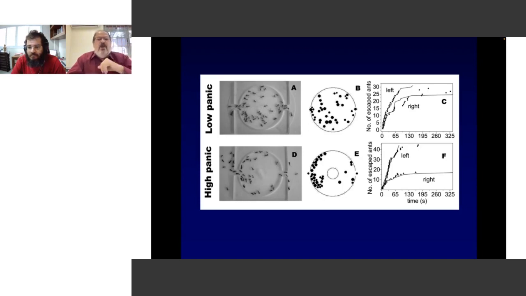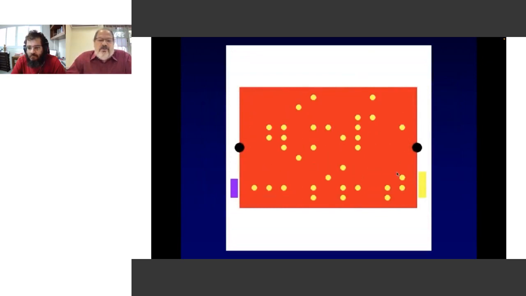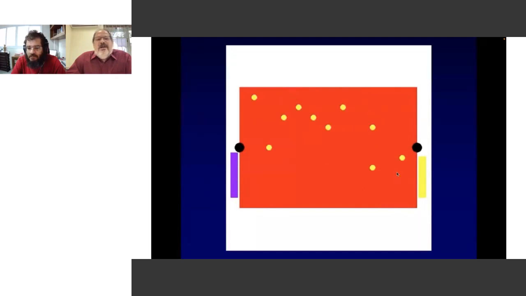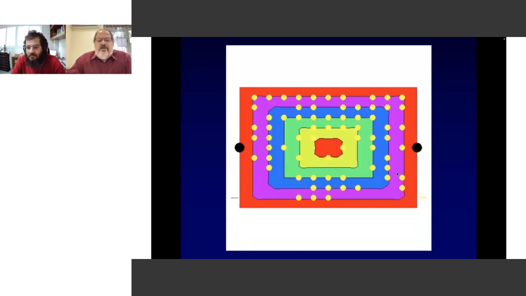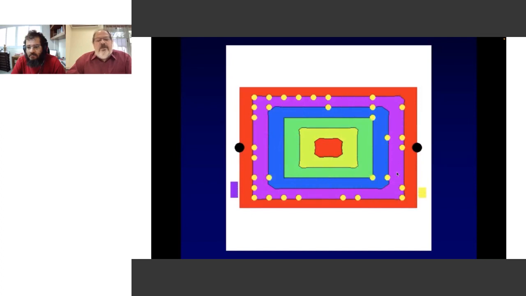We did the same thing with our artificial ants. I put a lot of my ants inside a cage, and then I open my left and right gates. What I see is that the number of ants leaving from right and left are almost the same. This is the real experiment.